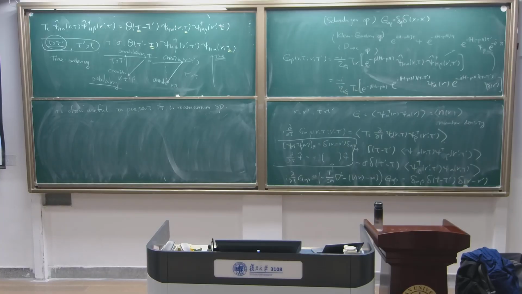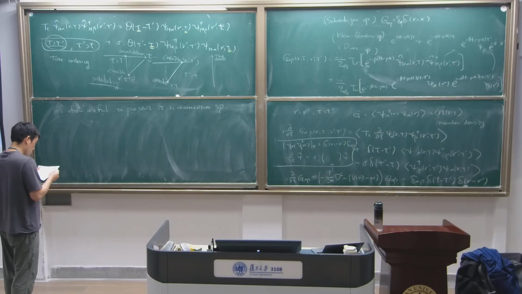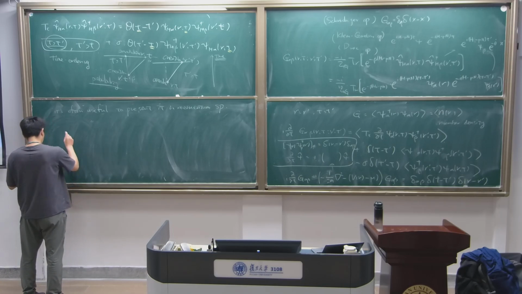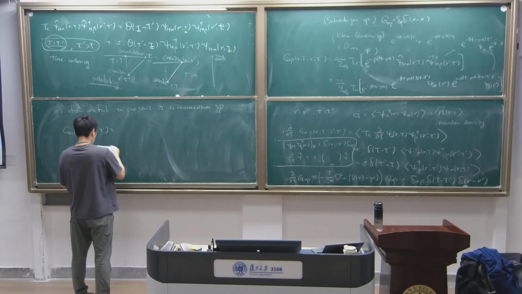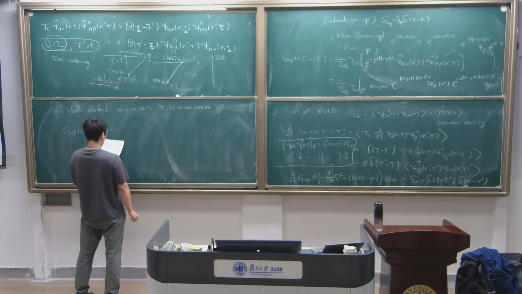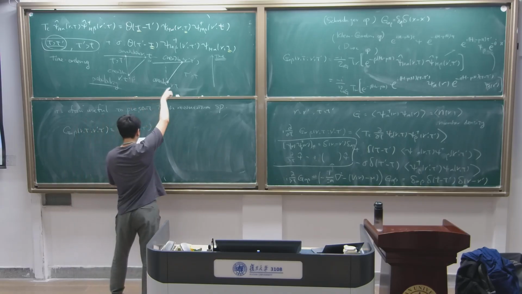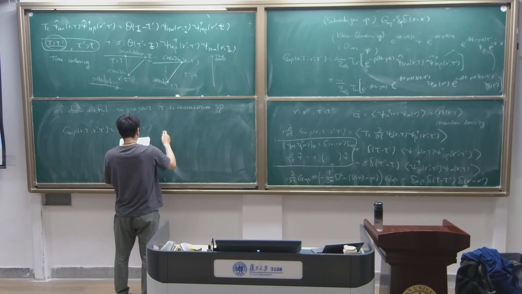Okay, so then we have this, and this one can be written as follows: minus i, P minus P prime, and just express it in terms of the mode expansion. If you use the mode expansion, we will get as follows.